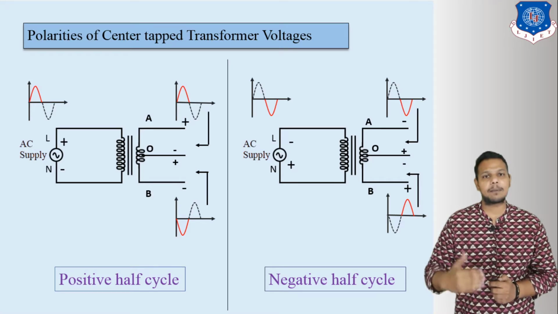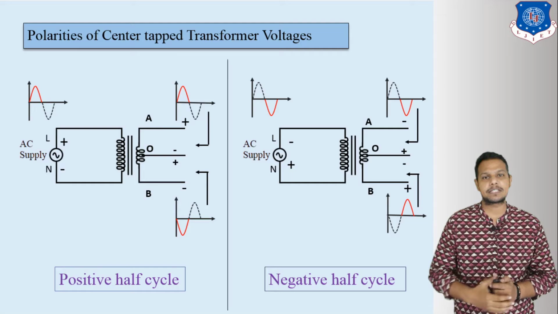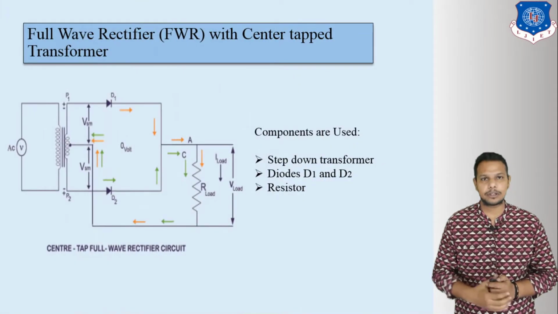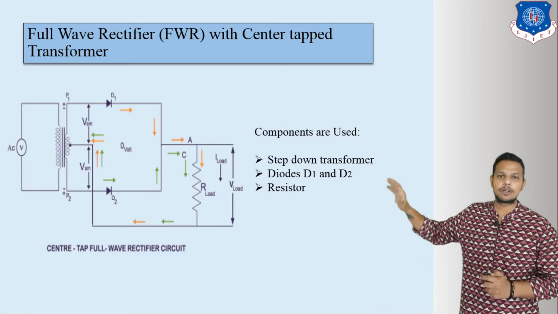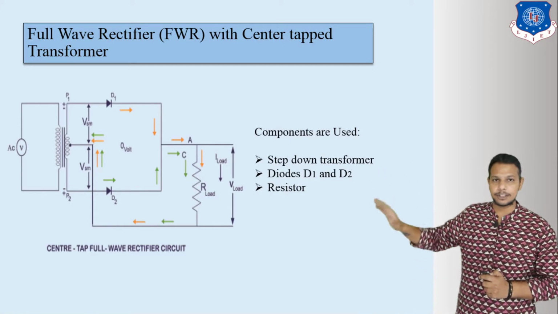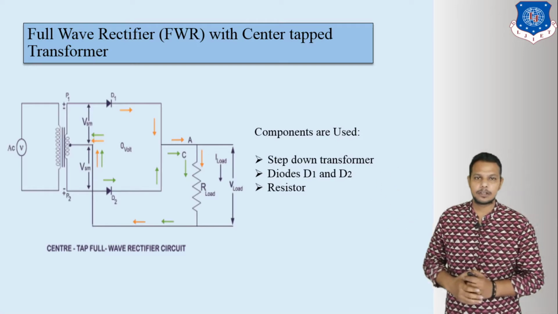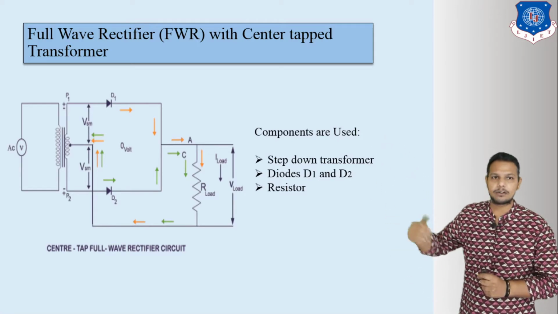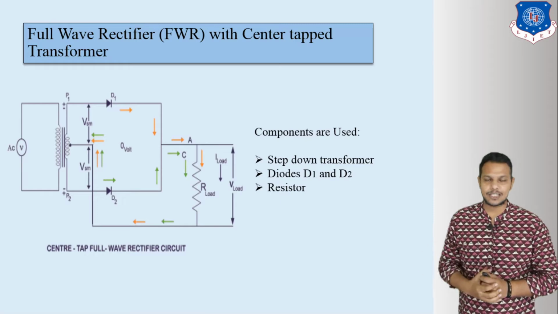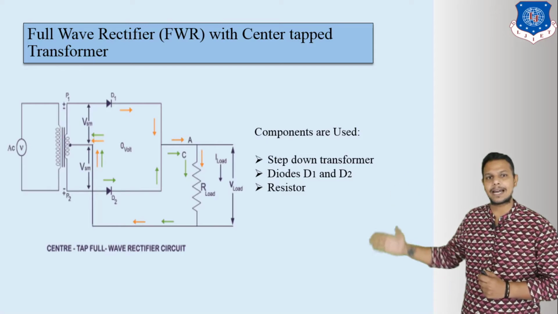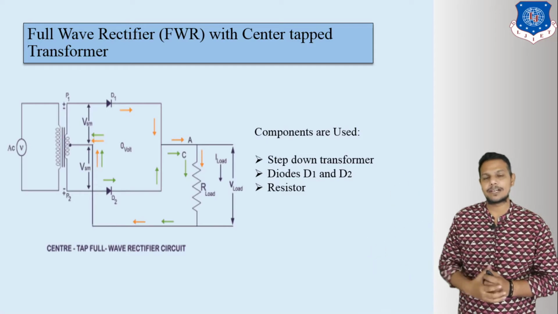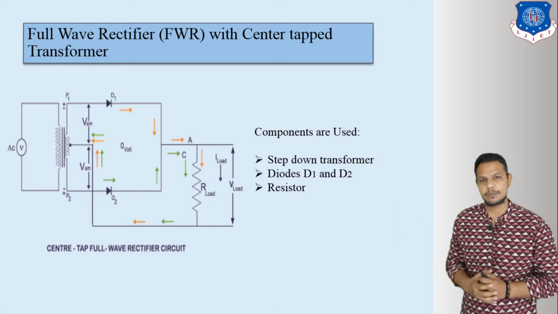Remember this, we will apply it in our working principle. So let us discuss the full wave rectifier with center tapped transformer. Here we can see the circuit diagram. In this circuit, we use a step down center tapped transformer along with two diodes, D1 and D2, and a resistor at the output terminal.